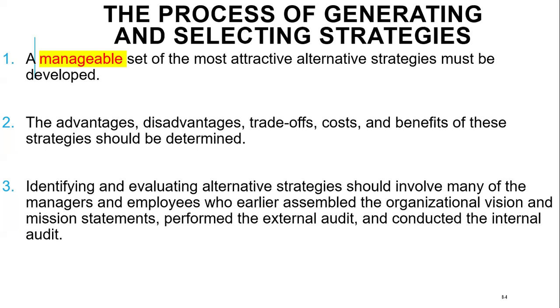So it is important to do this cost-benefit analysis or trade-offs of the various strategies in order to do a proper risk assessment. Then the third benefit that we can also derive when we do a thorough evaluation as far as the advantages and disadvantages of the alternative strategies is concerned is that it also helps in the attainment of strategic fits. So what do we mean by the attainment of strategic fits here?